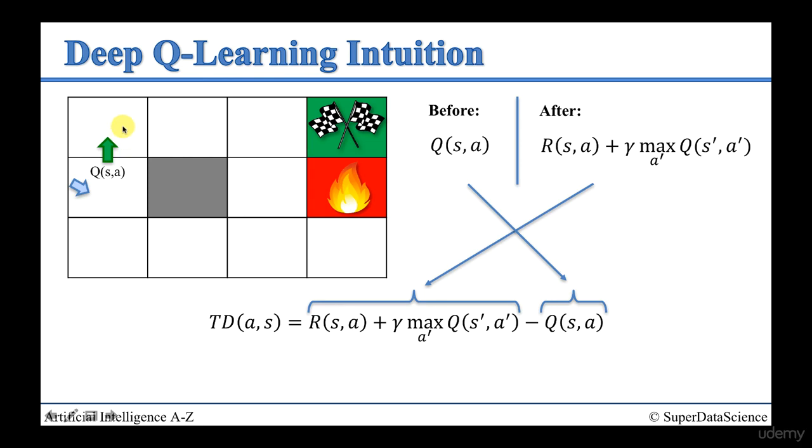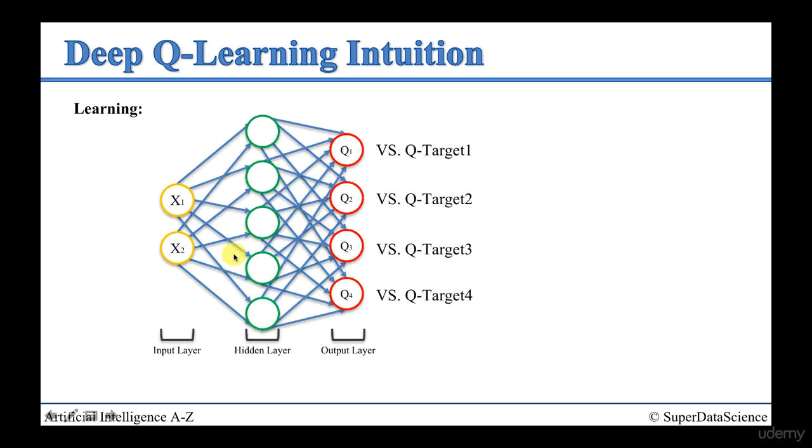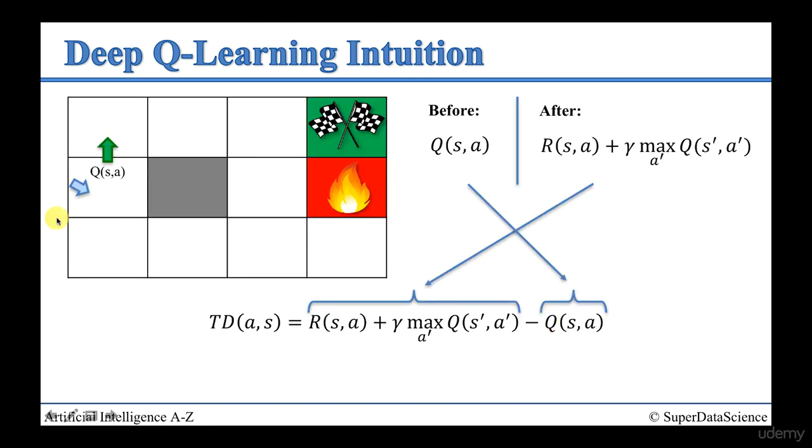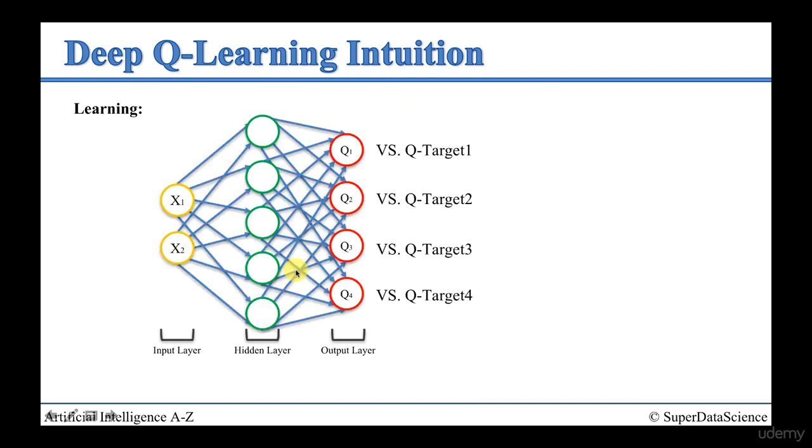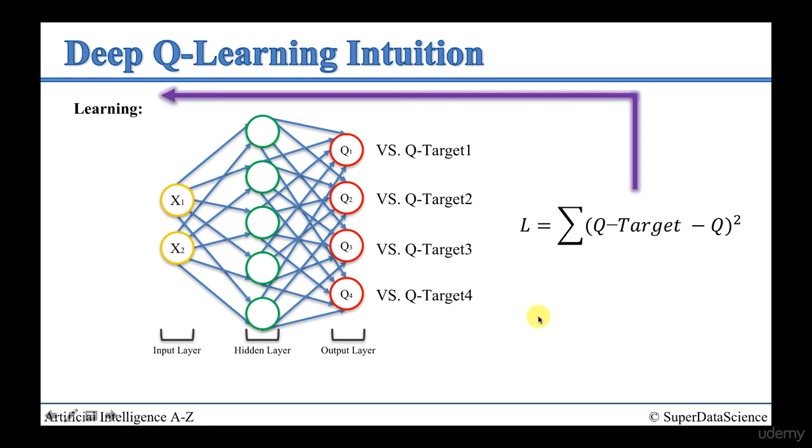Same as we saw previously in the simple Q-learning intuition. So he learns this through trial and error, and then he updates the weights of his network in such a way that the predicted Q values are closer and closer to approximating the target Q values. It's very similar to the concept we discussed in simple temporal difference learning. So there we go, that's how the agent learns. That's the learning part.